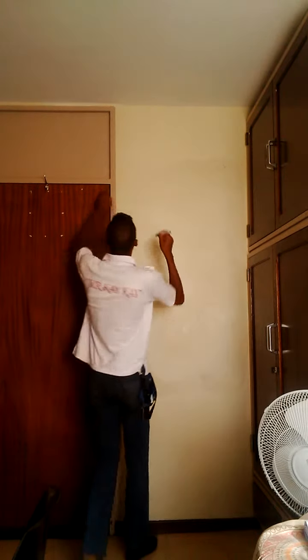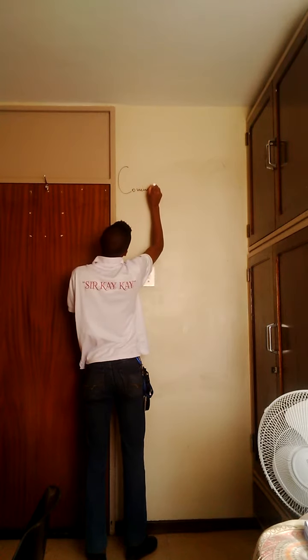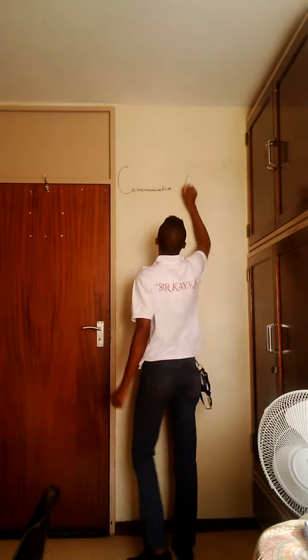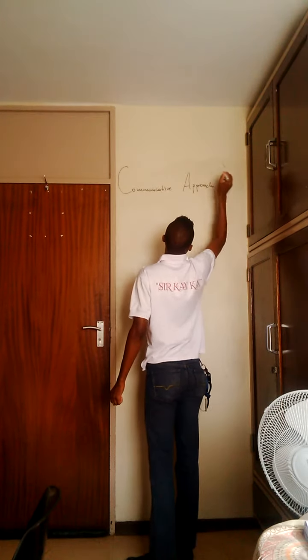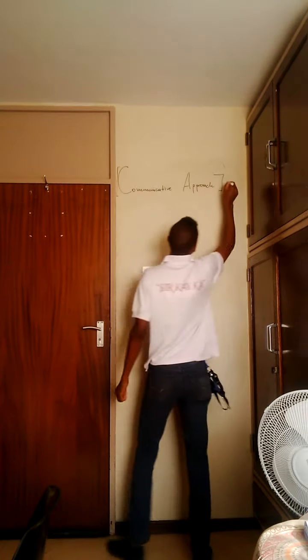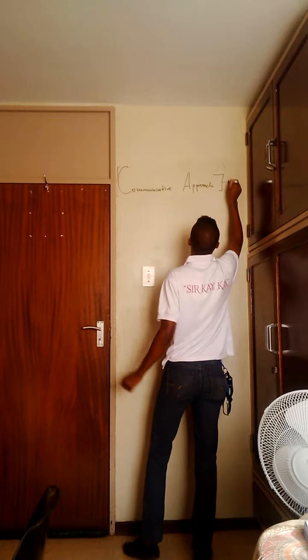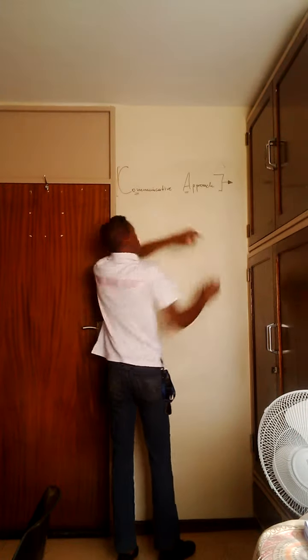Today, our business is to discuss what you call the communicative approach. Ladies and gentlemen, today we are going to develop a skill of knowing how to explain the communicative approach.